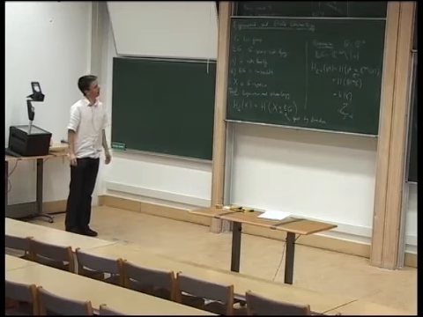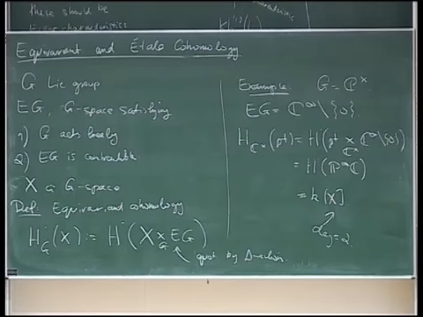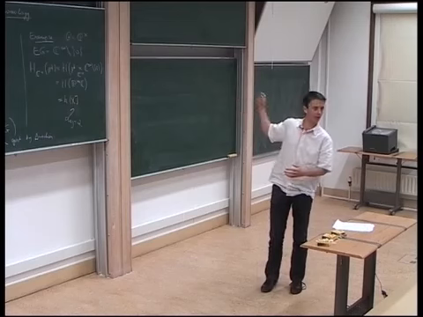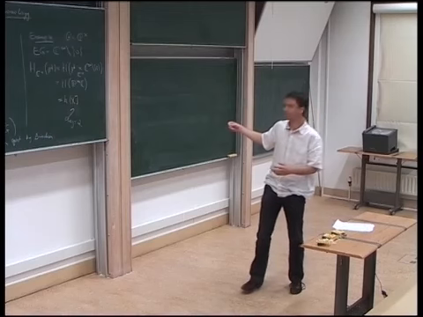So we will use equivariant cohomology later on, but we need the extra gradings provided by the weight filtration. And now I want to say that this has some kind of algebraic version.